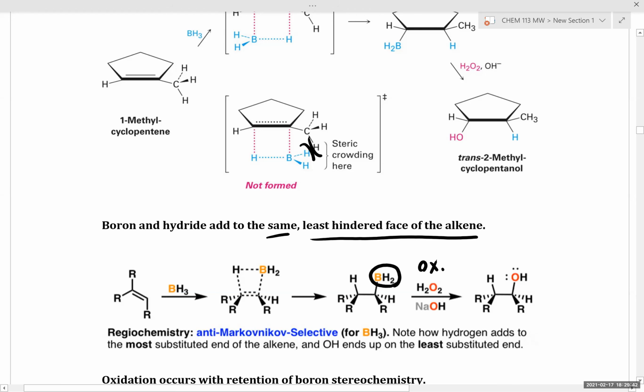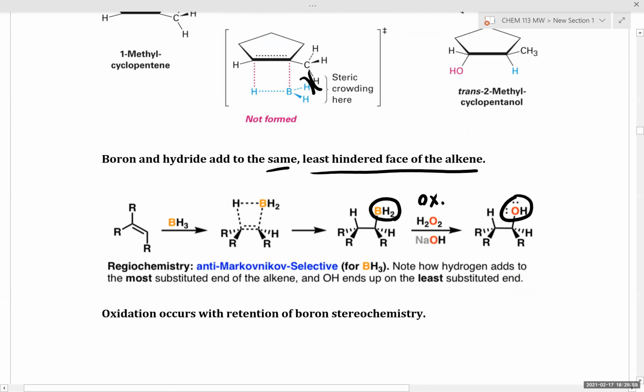So because your boron is installed on the least hindered face and the least substituted carbon, your alcohol in turn is installed on the least hindered face and the least substituted carbon. So this is a wonderful method to install alcohols with anti-Markovnikov regio control and syn stereo control. Because remember, this oxidation occurs with retention of the boron stereochemistry.